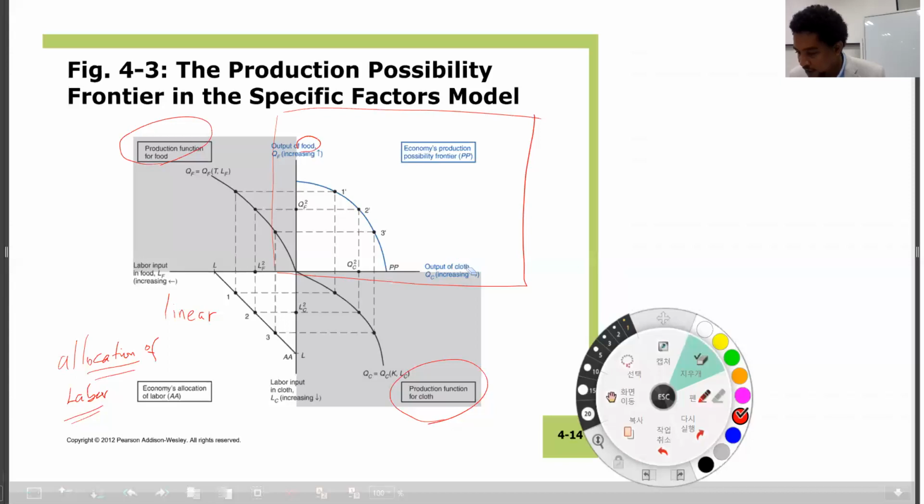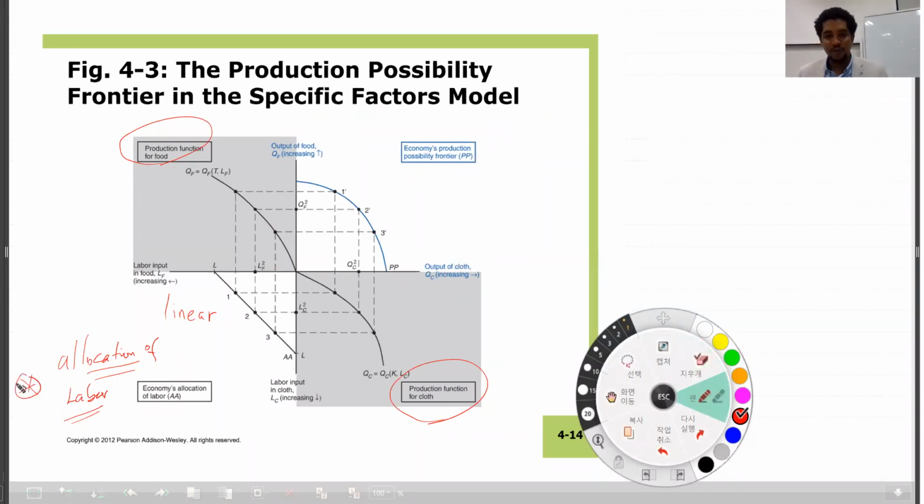So I will start with this one here, the allocation of labor. From here we draw the production possibility frontier in the specific factor model. The first one is simple. Here, this is the labor to produce food, and this is the labor to produce clothes.